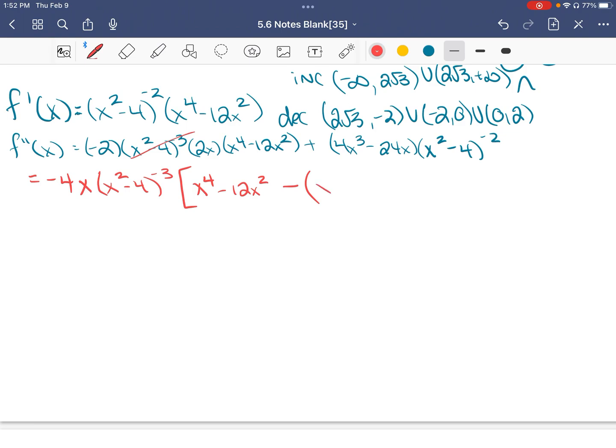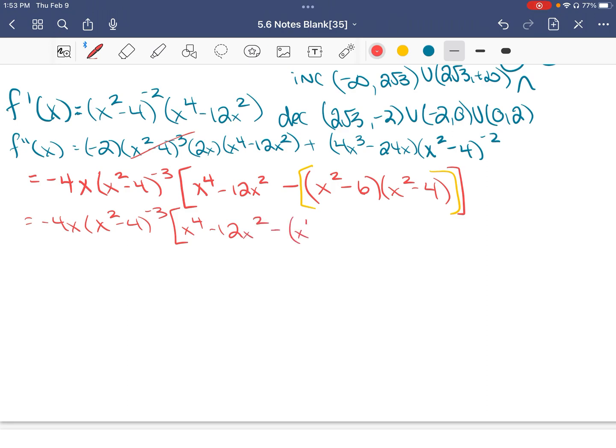We took out the 4x, and we took out the x, and we are left with x squared minus 4. Things to remember, that negative has to distribute to all of that. Negative 4x, x squared minus 4 to the negative 3. We are left with x to the fourth minus 12x squared.